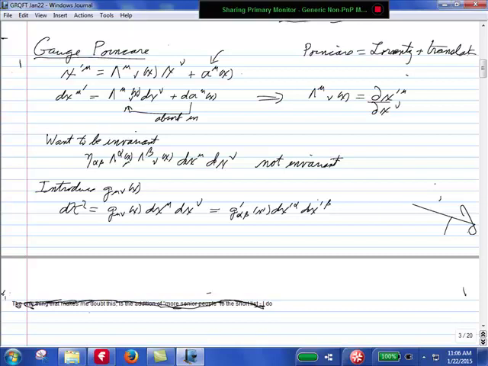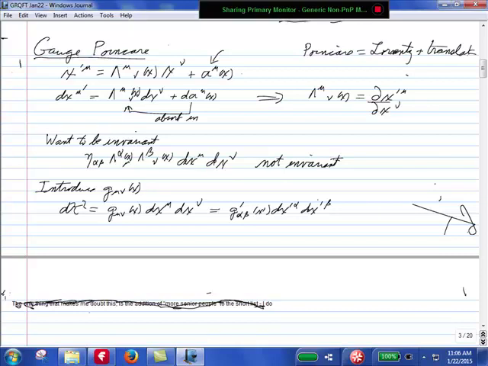In my convention I'm going to keep those first two spaces empty, and lambda sits off to that side, and V^nu. Okay?